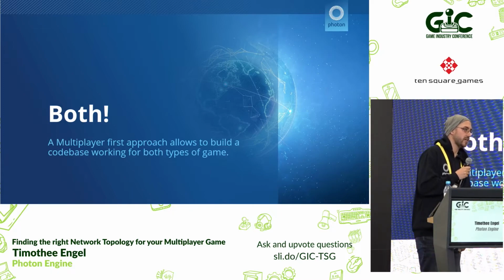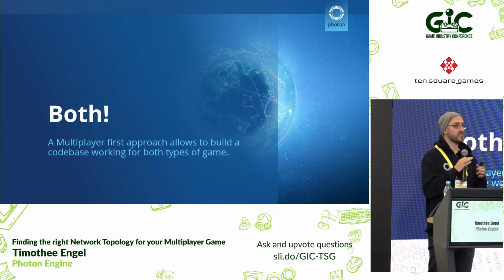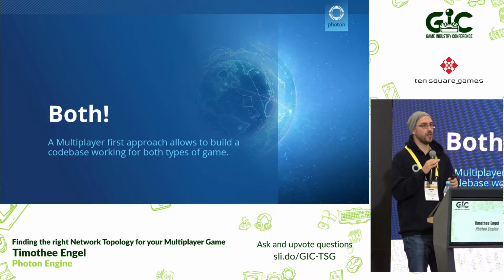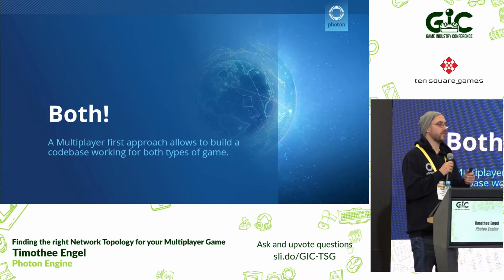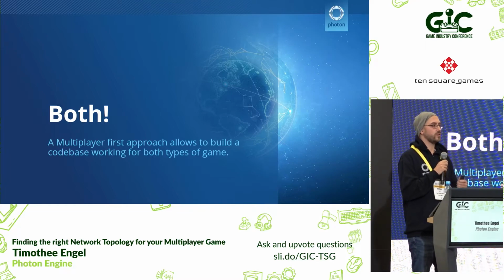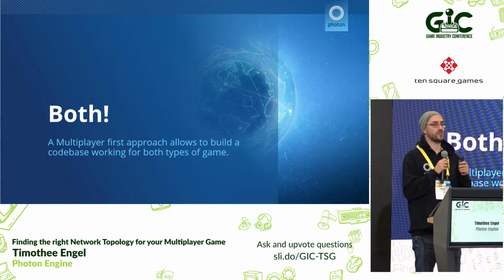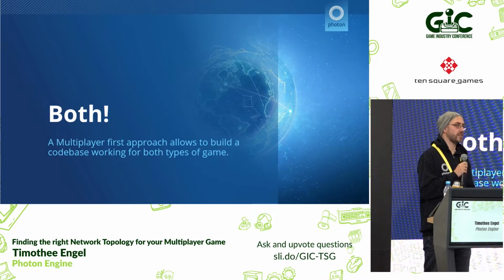If you build your game with multiplayer in mind, you will have mechanics and systems that do work in an offline scenario as well, because the constraints for multiplayer as to how you have to segregate your data and the patterns that you have to use for both your gameplay systems as well as for your view are much more stringent than what you will have to do in single player.